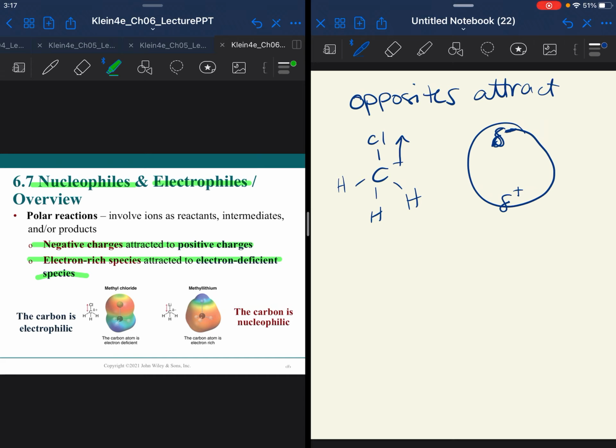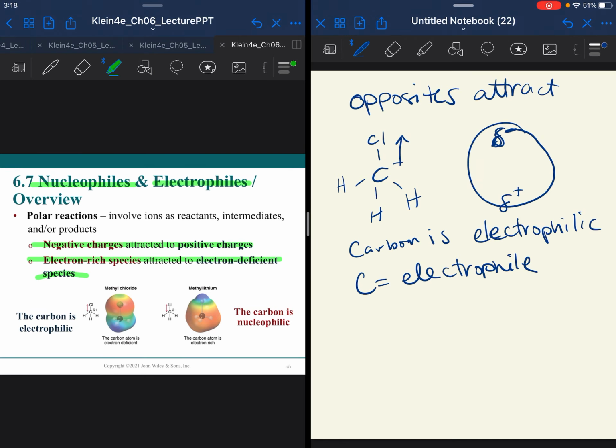In this case, we would say this carbon is electrophilic, or an electrophile. This carbon equals an electrophile. So let's think about what that word means. This means electron loving.